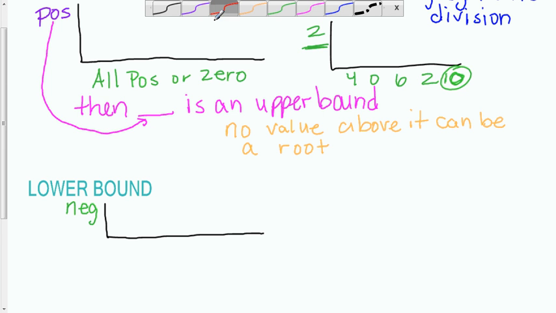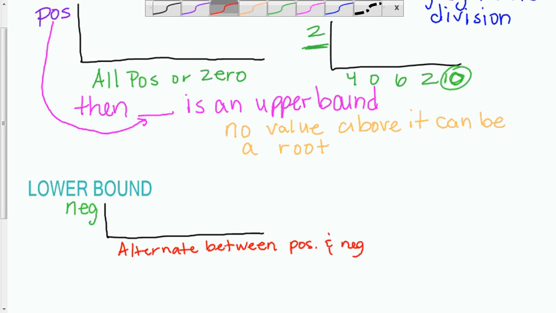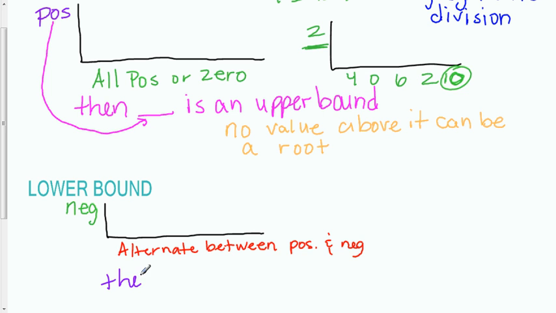And if these numbers down here alternate between positive and negative, if that is the case, then that number is a lower bound.